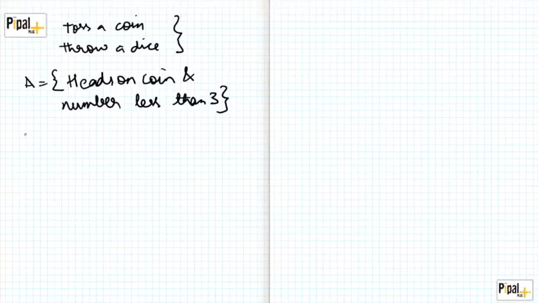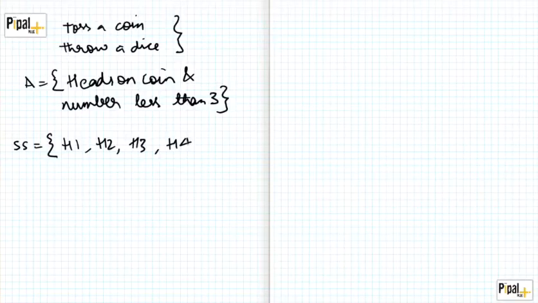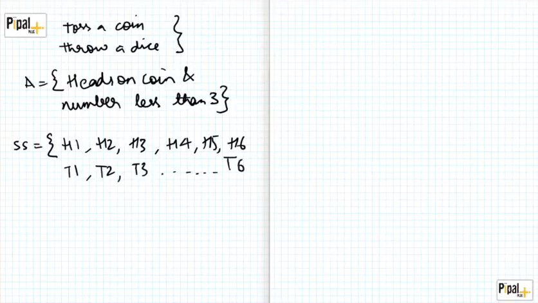If you recall, all the possible outcomes in the sample space were H1, H2, H3, H4, H5, H6, T1, T2, T3 and so on until T6, right?